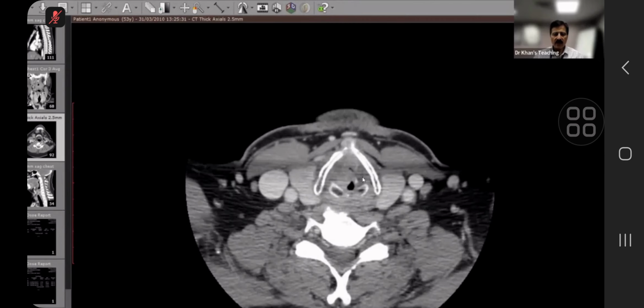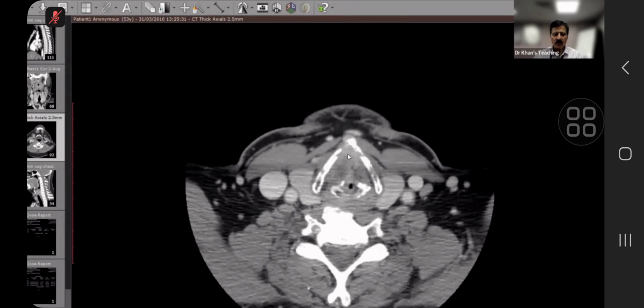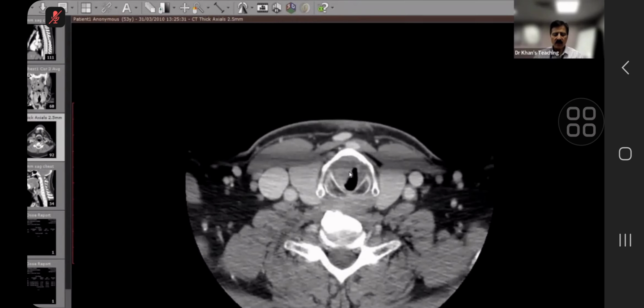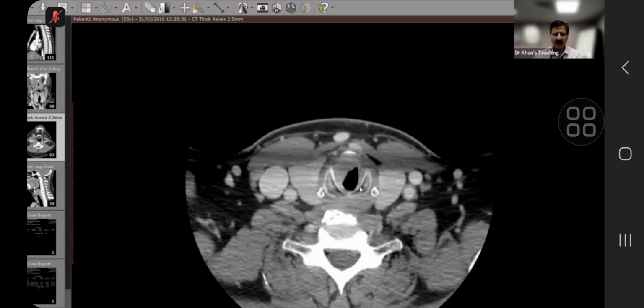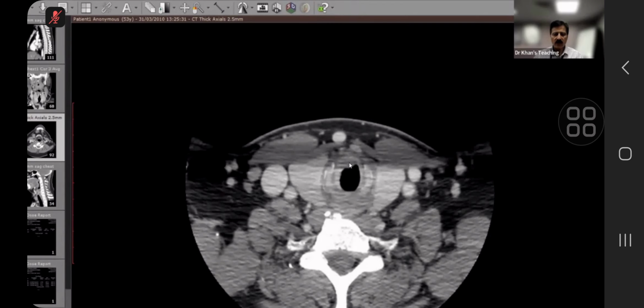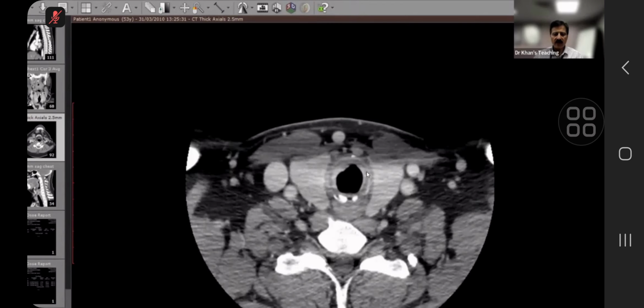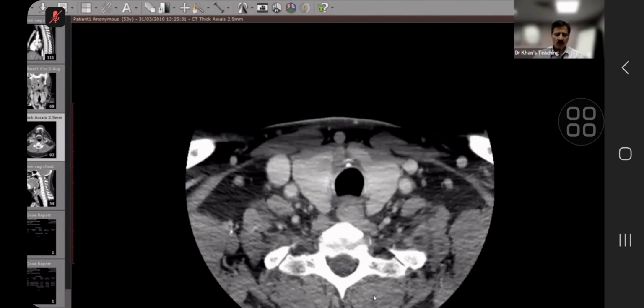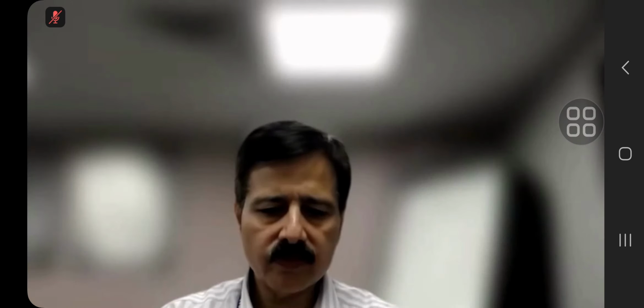And now undersurface, as soon as we go down, this is the undersurface of the cord where the tumor is projecting here. But now definitely in the supraglottis, this airway should have been completely round, and it is not. So this is it. Okay, well done.